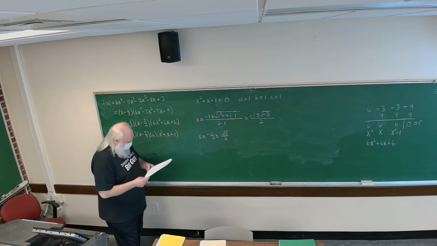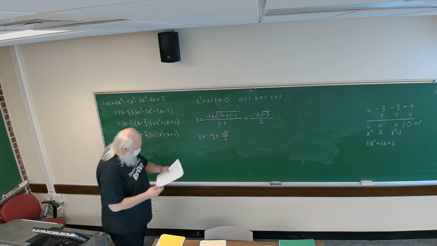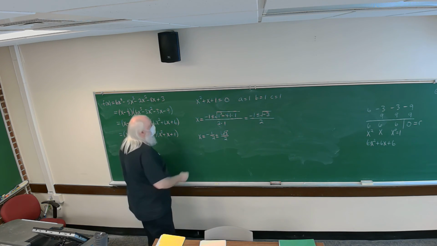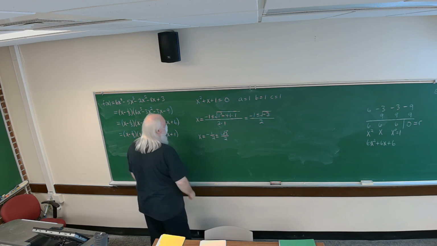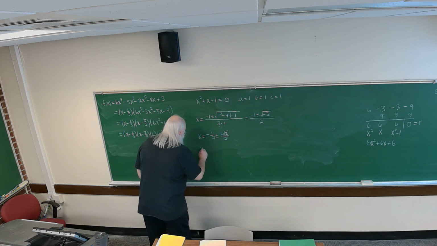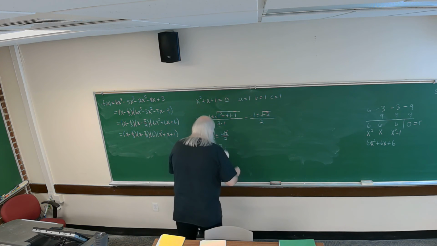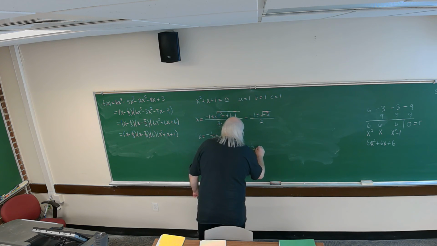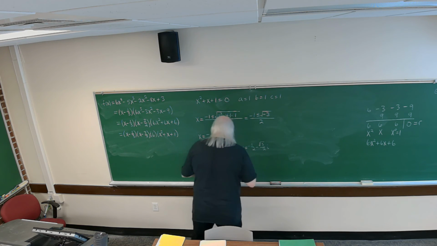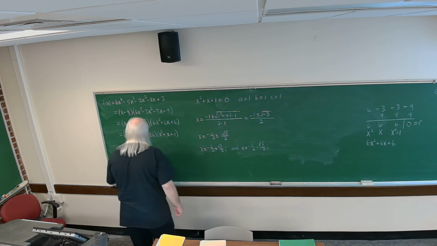Over 2. So the two zeros from this factor, x squared plus x plus 1, are x equals minus 1/2 plus the square root of 3 over 2 i, and x equals minus 1/2 minus square root of 3 over 2 i. Those are the last two zeros. Okay.